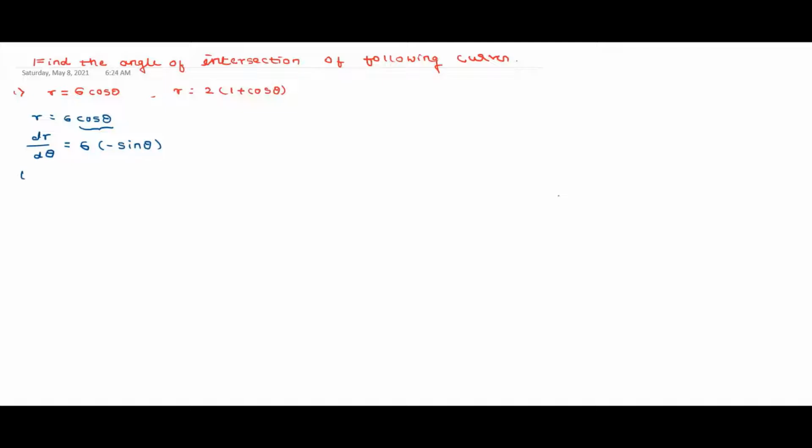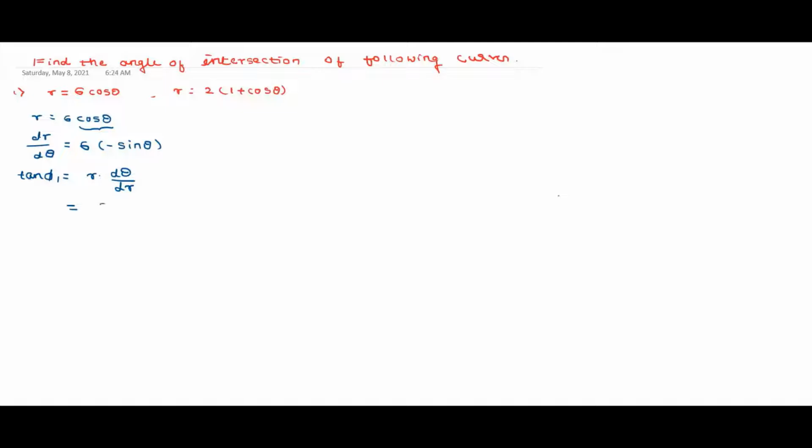Now write down tan phi 1. Tan phi 1 is equal to r into d theta divided by dr. Substitute the value for d theta by dr and the value for r also.